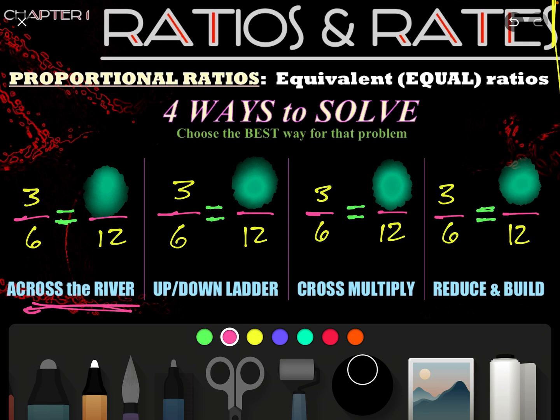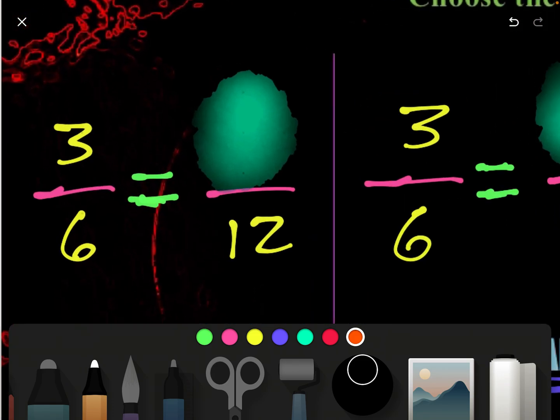These are kind of my own made up names. Across the river, you can go up and down the ladder. You can always cross multiply, or I like to say break it down, reduce it down, and then build it back up. So those are four different strategies. You can solve the same problem. I'm going to show you that now, but let's take a look at each one. So with the cross the river.